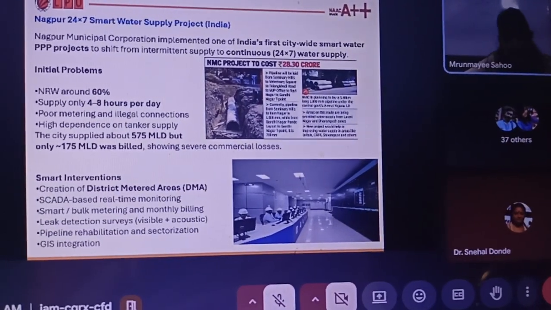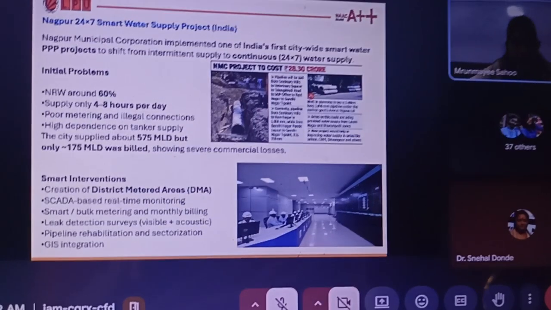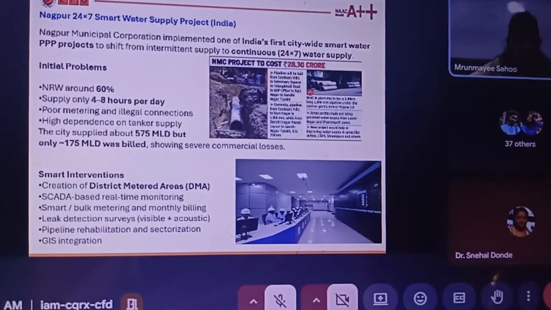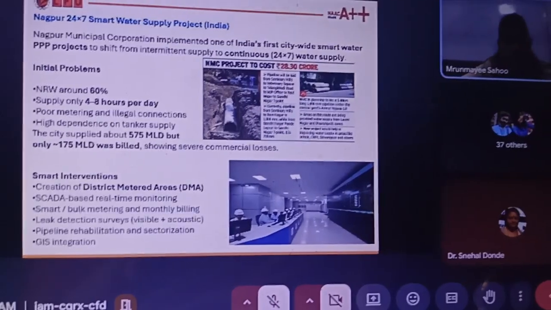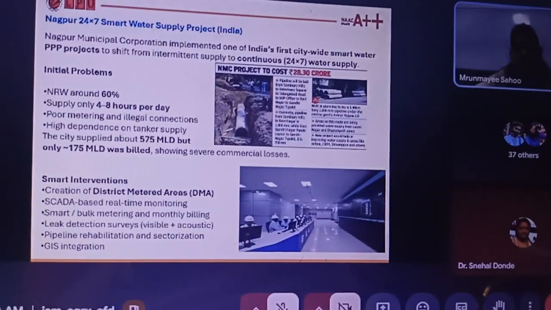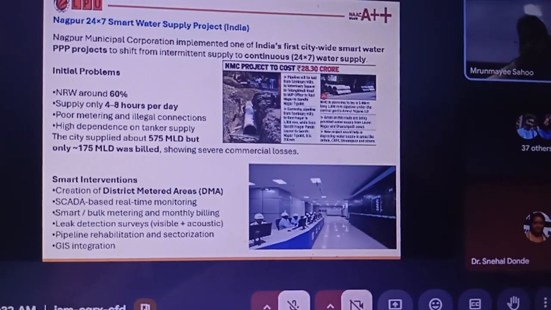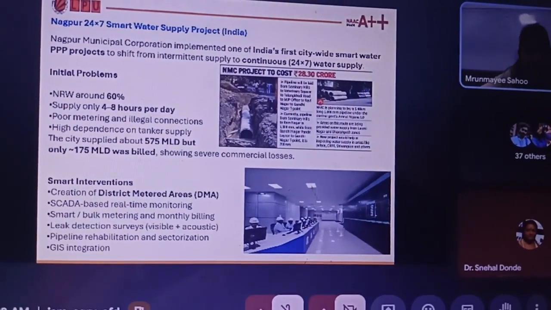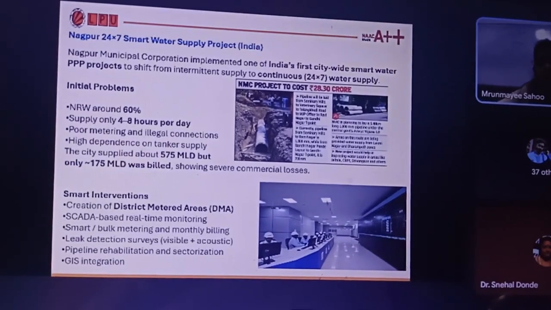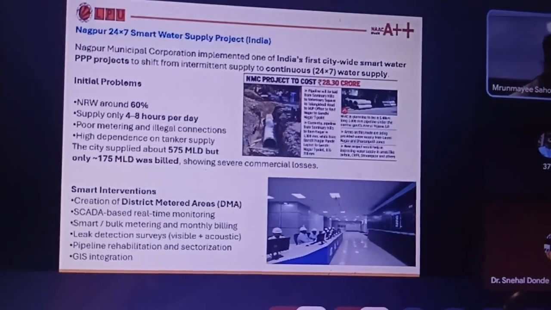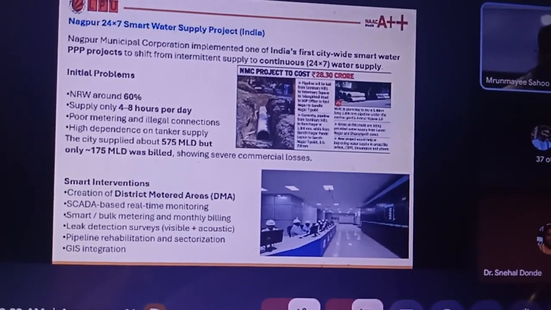But when they implemented this project of approximately 28.30 crore, what were the initial problems? The initial problem was that NRW was around 60%. 60% is non-revenue water. Where is this water going? In addition to leaking, various people take unbilled, unauthorized water. Like in the slum area, the water being supplied is unbilled.